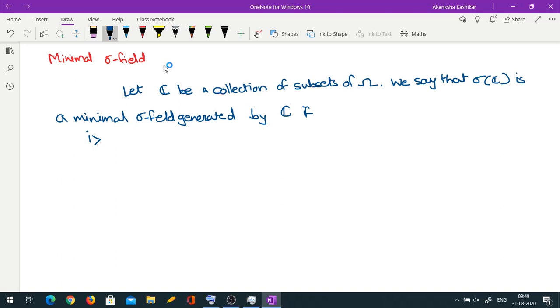First condition is, of course, it should contain C, that is C is a subset of sigma C. This is the first condition.